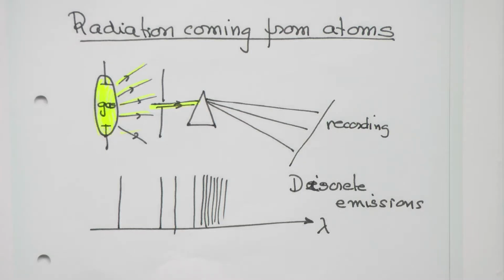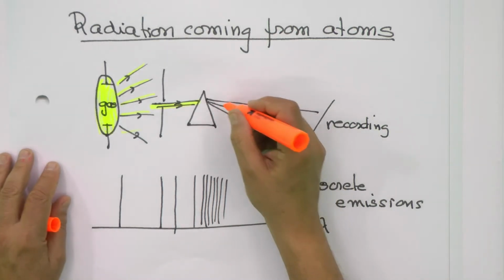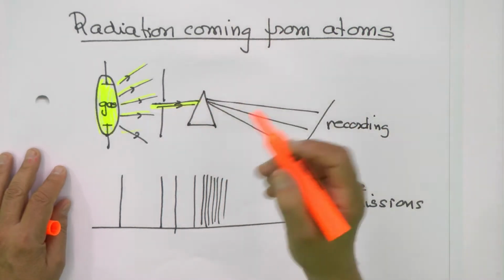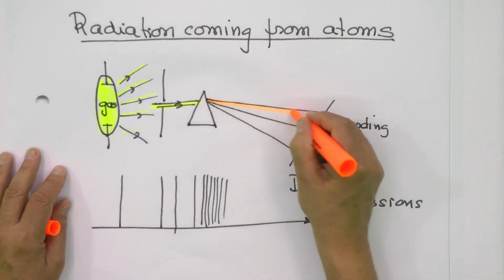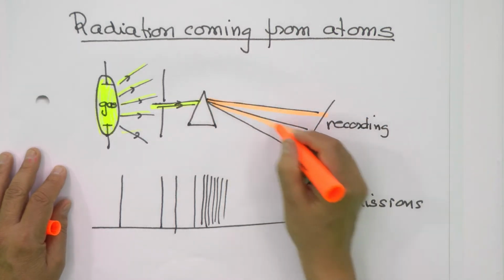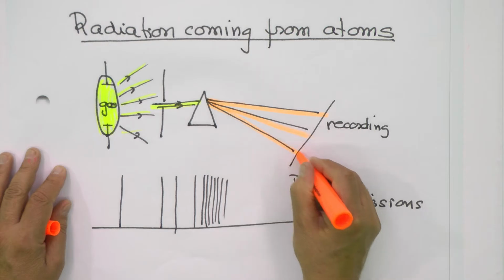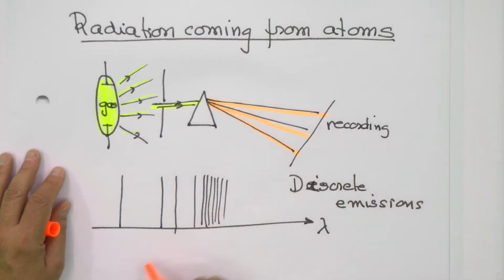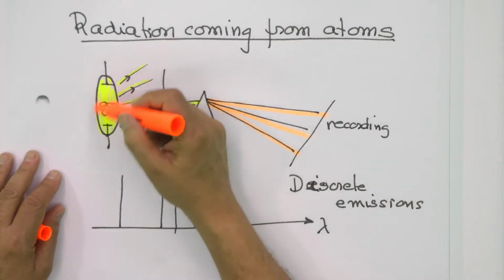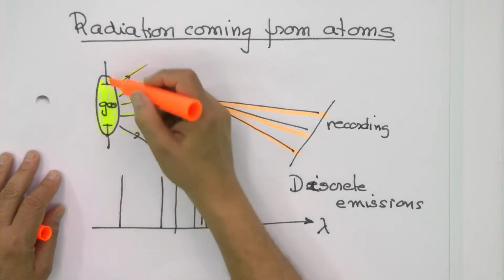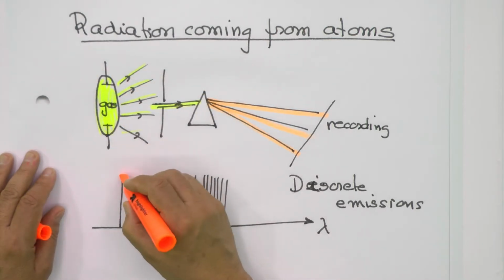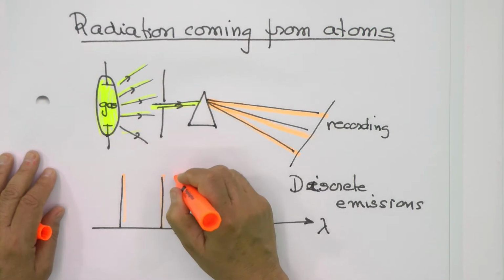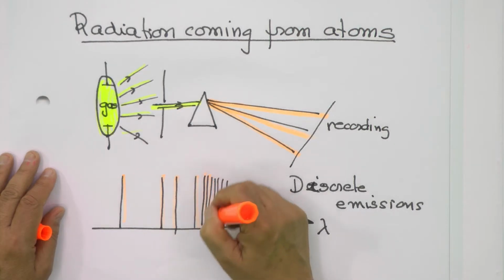I split this light out. I divide, right? Separate into different colors. I put a prism here, but you can do it with diffraction gratings and everything. So I split, and when I split, I record. I see that actually the discharge in the gas, which is the energy coming from atoms, is made of discrete lines, which are the spectral lines.